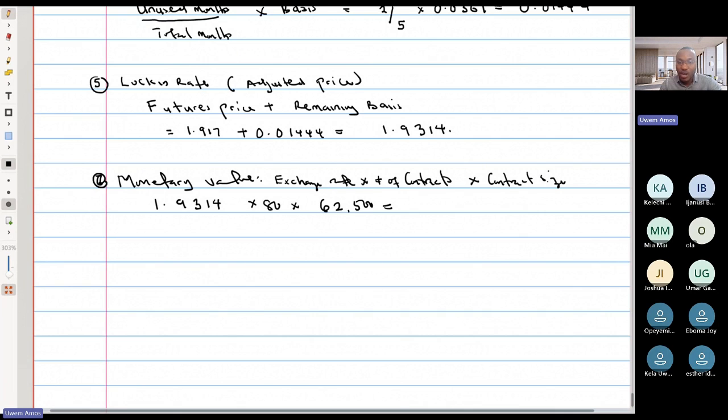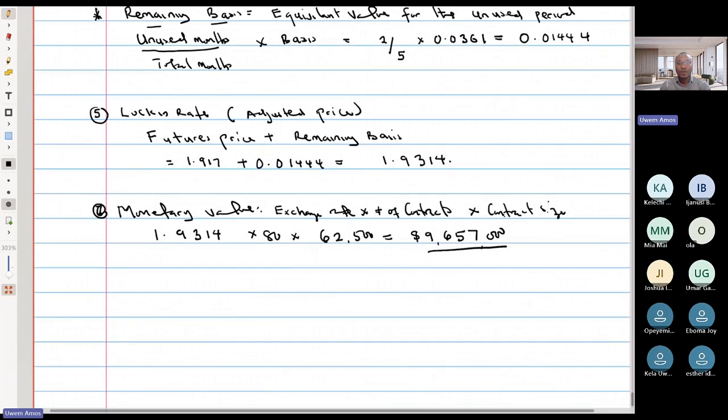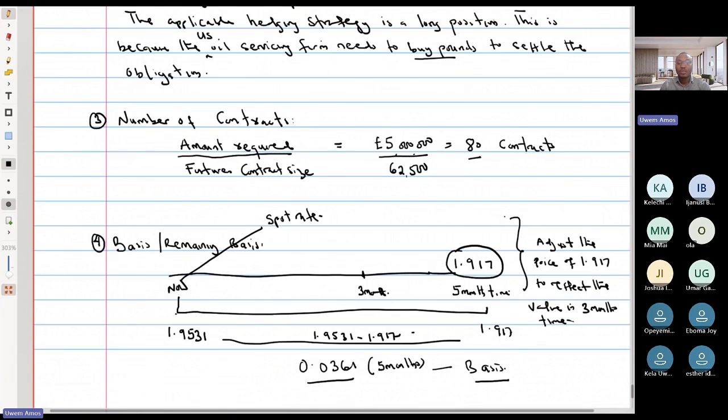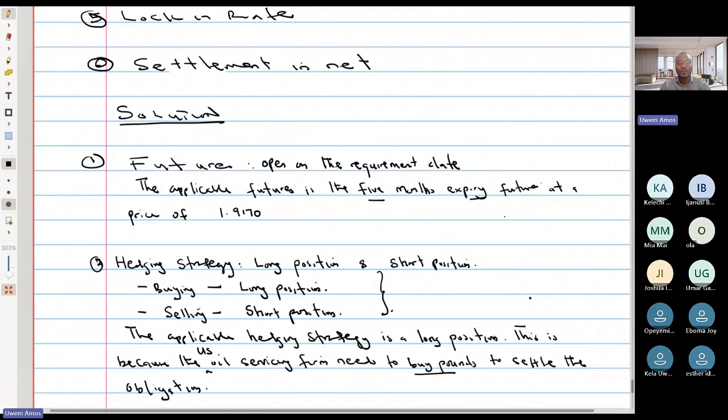The monetary value in dollars that we need to pay out for that transaction: 1.9314 multiplied by 80 multiplied by 62,500 gives me a total of 9,657,000. So in 3 months' time, we're going to spend $9,657,000 at the oil servicing firm to pay for the £5 million.